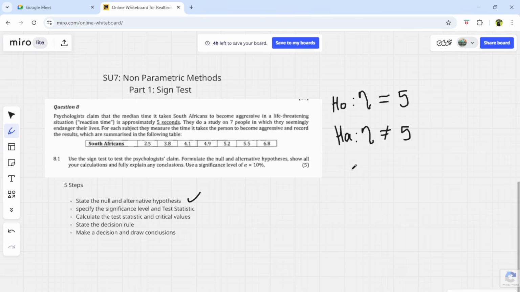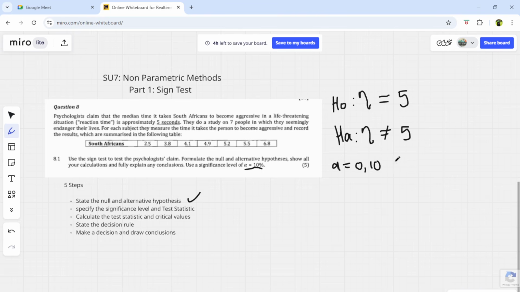Just like this, simple. Step number 2, specify the significance level and the test statistic. The significance level they gave us is equal to 10%, so you just write alpha is equal to 0.10. If you're dealing with a two-sided hypothesis, you have to divide your alpha by 2, because it's going to help you when you state the decision rule in step number 4, and when you make the decision and draw conclusions in step number 5.